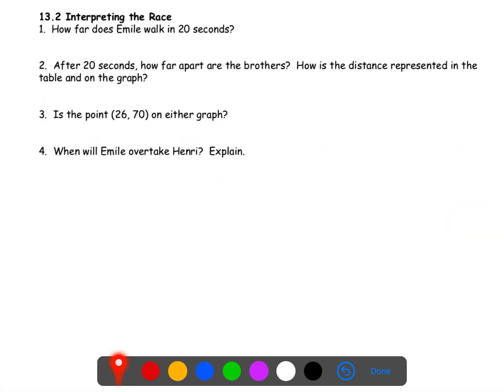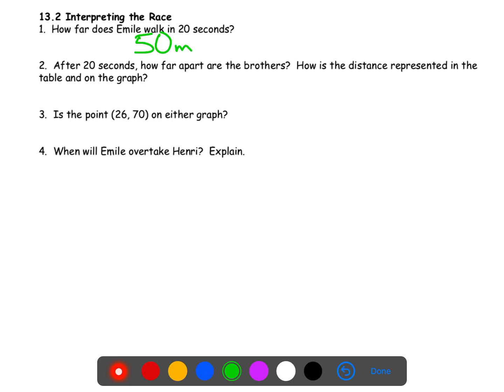If we look at the next part, which is still talking about the same situation here, it asks, how far does Emil walk in 20 seconds? So I'm looking back at the table from what we just did. And at 20 seconds time, Emil has walked 50 meters.